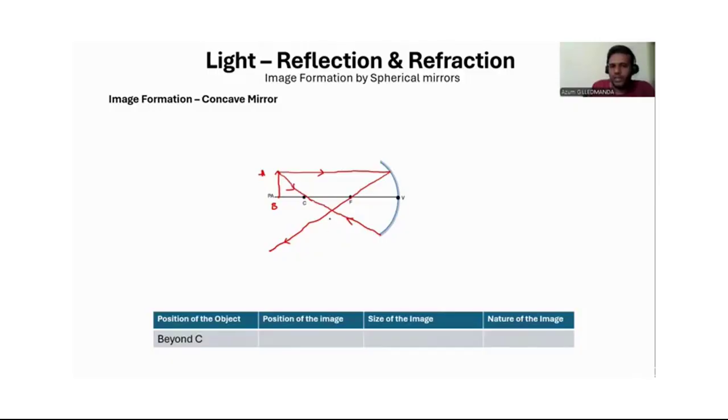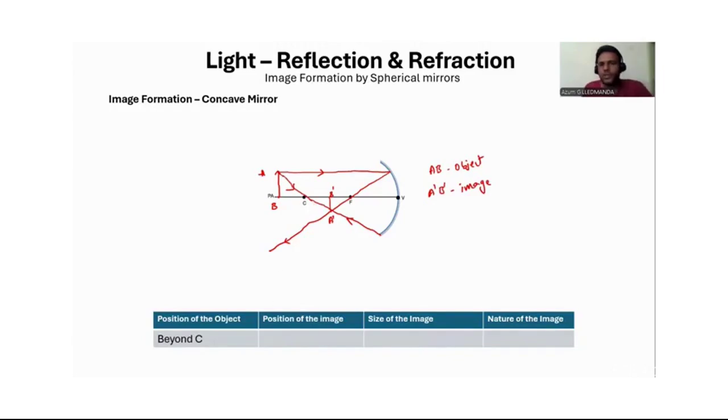That is our A dash, which corresponds to the object top. Then if I draw a projection from it onto the principal axis, that is B dash. So now A dash B dash is the image. AB is the object and A dash B dash is the image. You follow, guys?